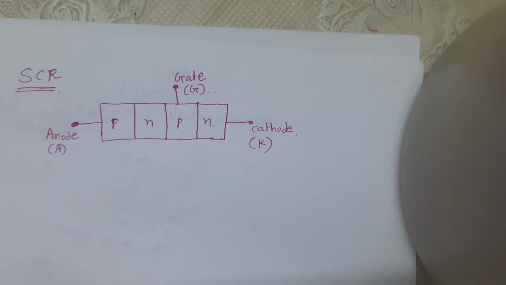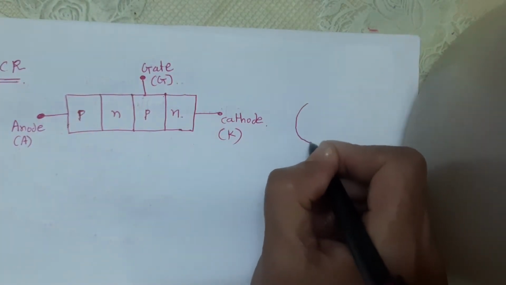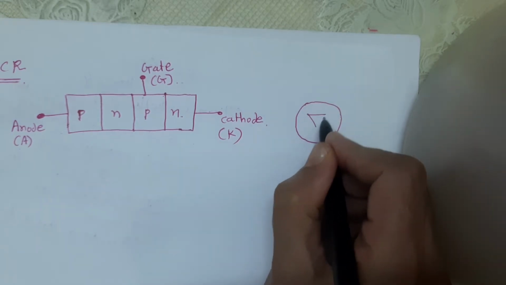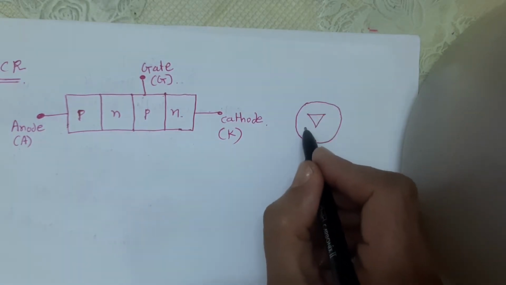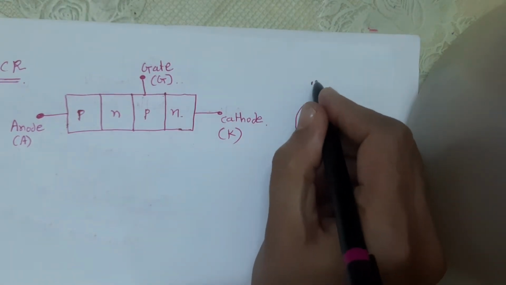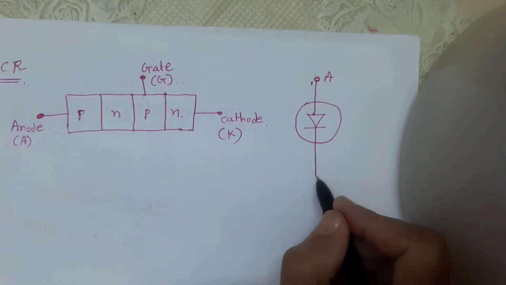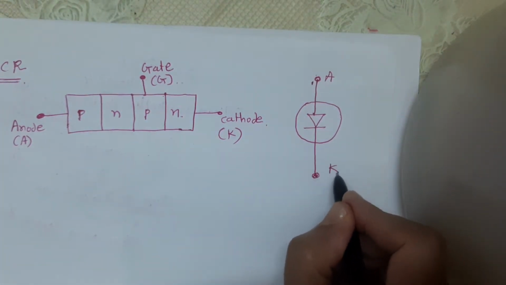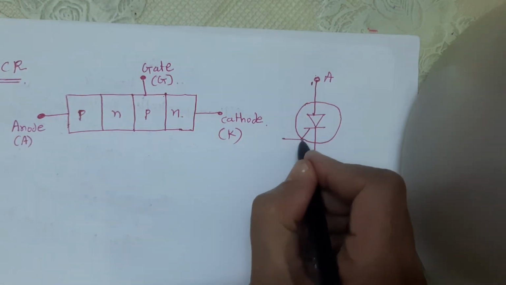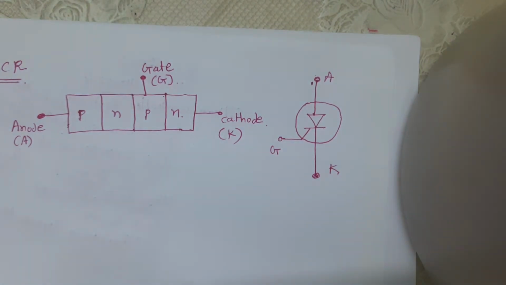Now the symbol of the SCR is very simple. Draw it like this. The upper terminal is the anode, the lower terminal is the cathode, and one more terminal is the gate.